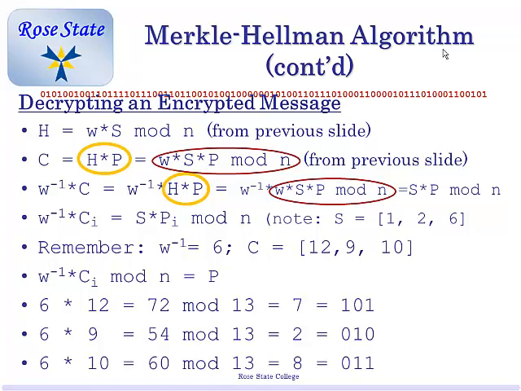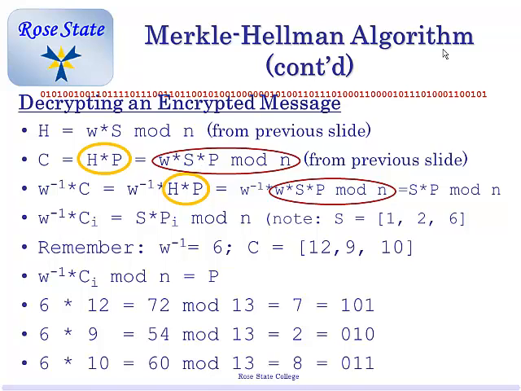We know this from the previous slide, believe it or not. There's some associated property of math. We basically know the first 2 lines, because remember the hard knapsack: H to the i was equal to W times S to the i mod N. It's all the same stuff. Now let's go down to line 4.